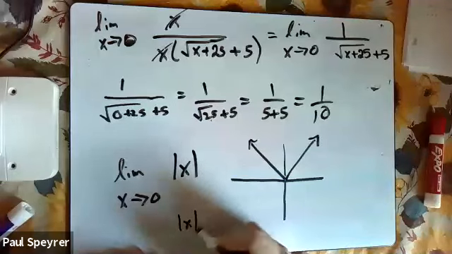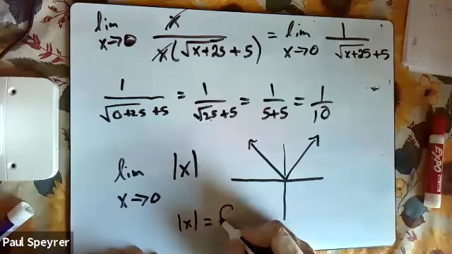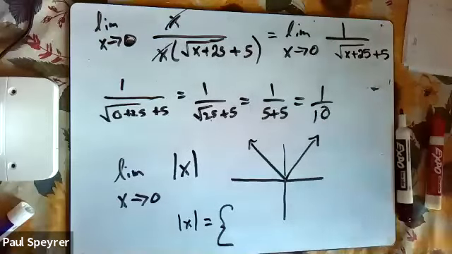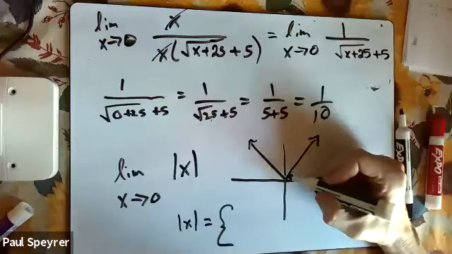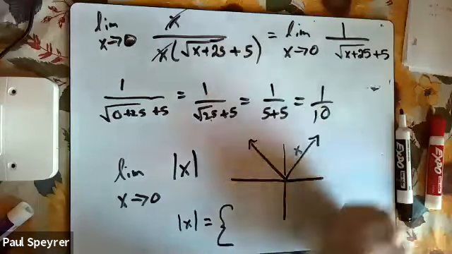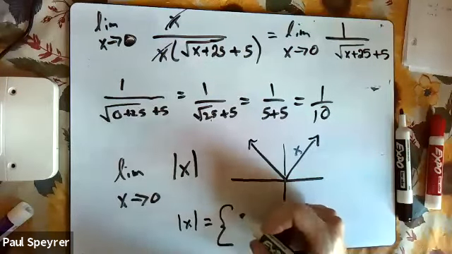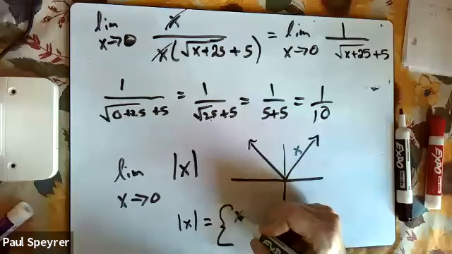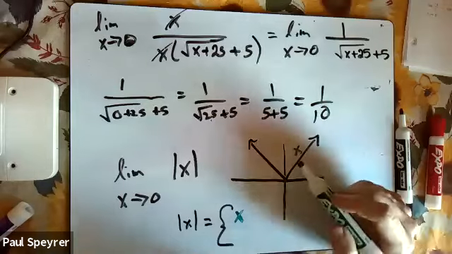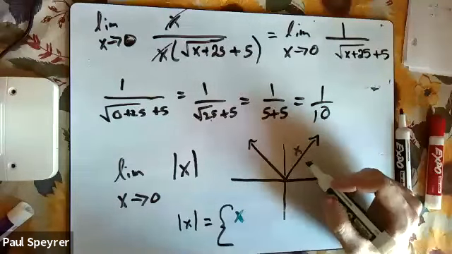The absolute value of x is, well, let's look at how this thing is behaving. Well, right here, this is just a plain old straight line. This is just x right here. But how does it behave, or when does it begin to behave as just x?